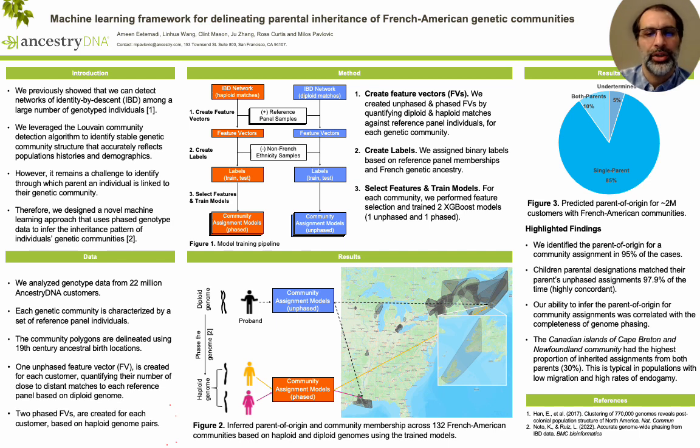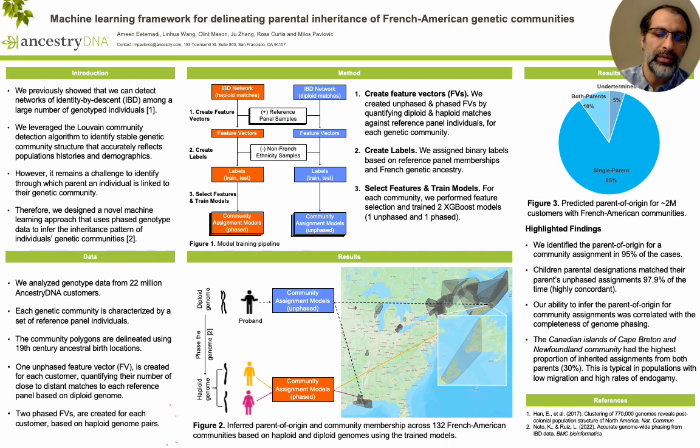Iterative dissection of these large IBD networks using the Louvain community detection algorithm leads to creation of smaller subnetworks, and we refer to these smaller subnetworks as genetic communities, which are stable and accurately reflect population histories and demographics.